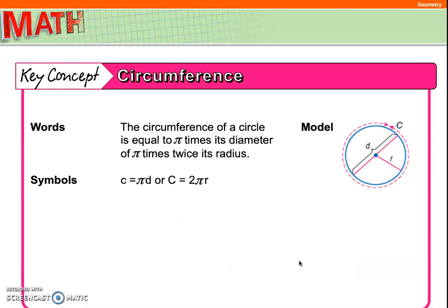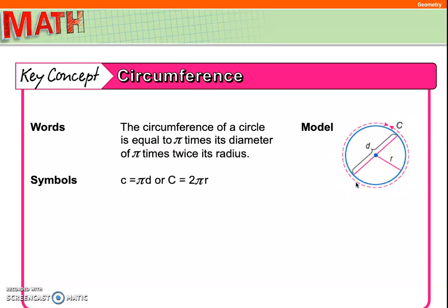Now, what it's telling you here is what we just learned, that the circumference is about 3.14 times the diameter.